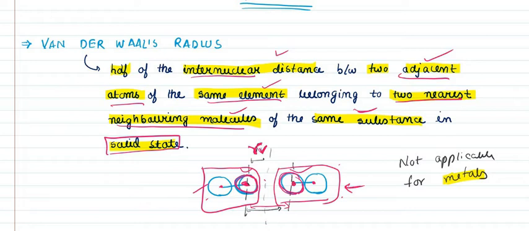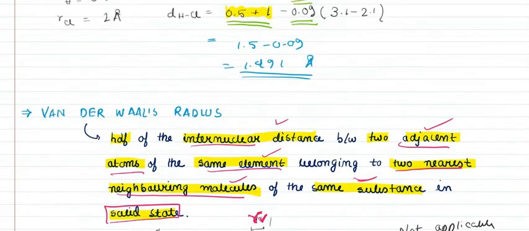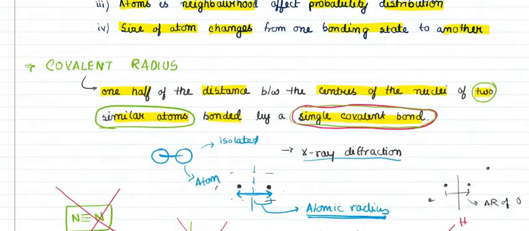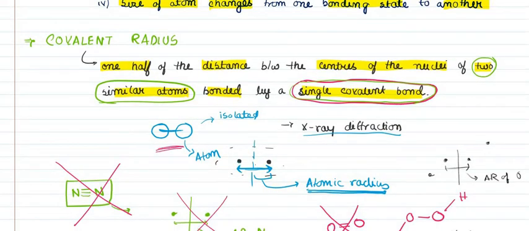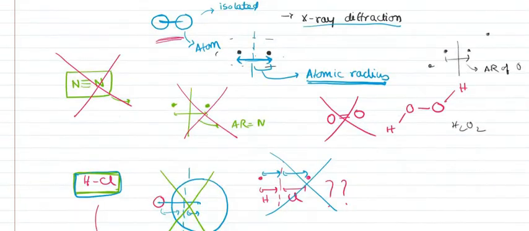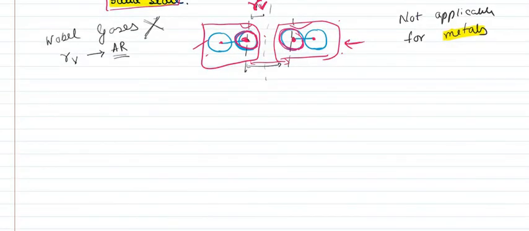Another one we have to remember is for noble gases. For noble gases, van der Waals radius is the only atomic radius that can be calculated. Why? Because noble gases do not form compounds, so we cannot find any example of molecules such that we can calculate the atomic radius in covalent radius format, because in this format we have to find a molecule of similar atoms in single covalent bond, but you cannot find a molecule like He2 or Xe2.